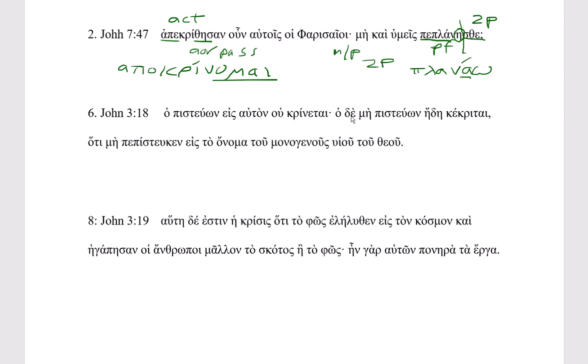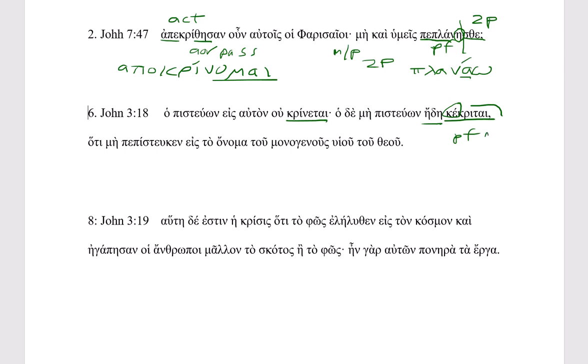Ho de, so we have a postpositive de. Ho pisteuōn, same as we saw at the beginning. And we have a mē, so, but the one who does not believe, ēdē, already, kekritai. And so here is a perfect. The reduplication tells us, the ke tells us we're looking at a perfect. There's no tense formative, and we just have the ending, this middle passive ending, showing up jammed together with the verb itself.